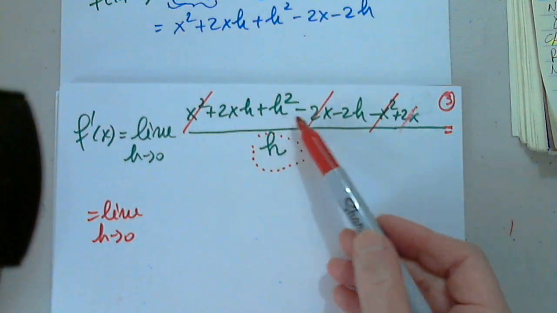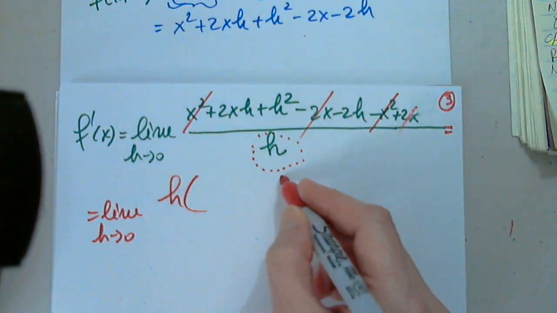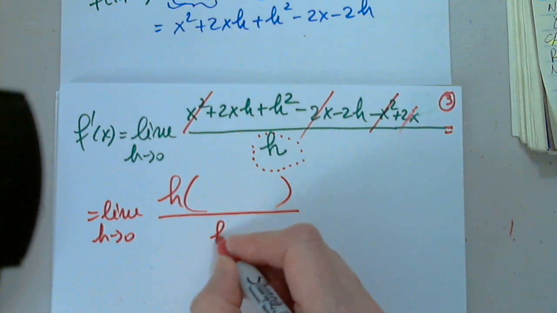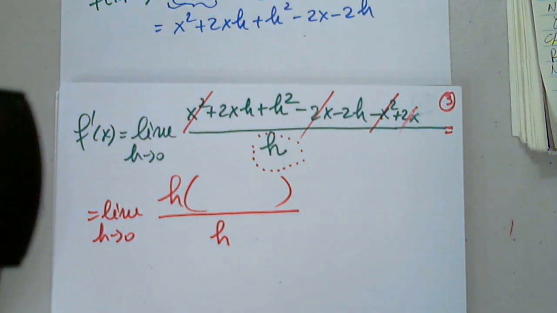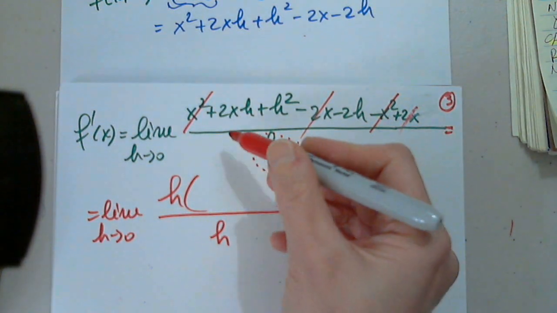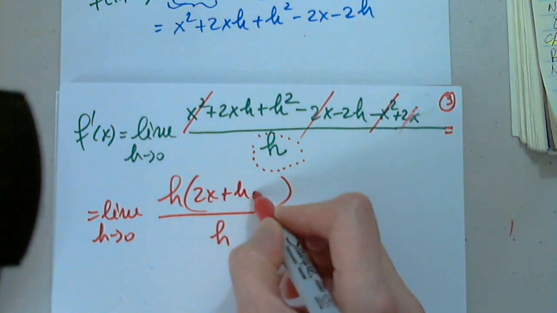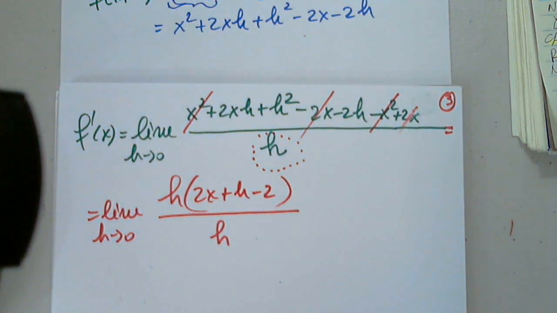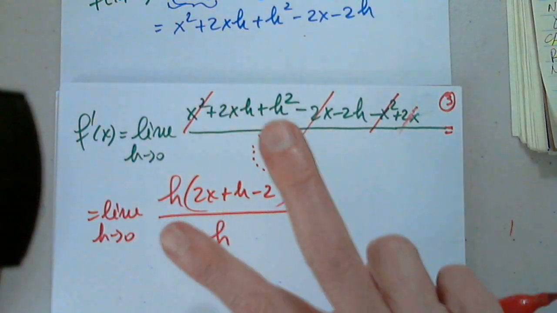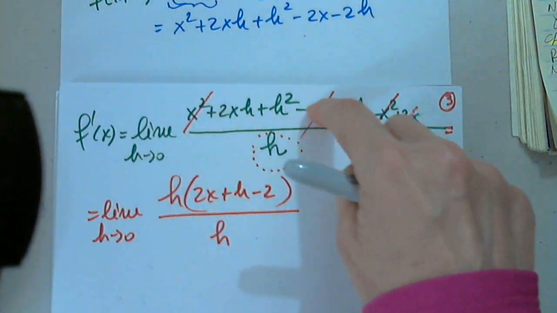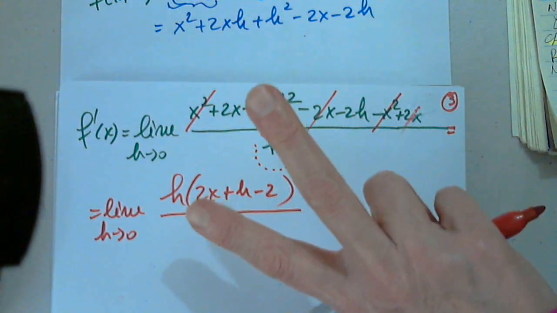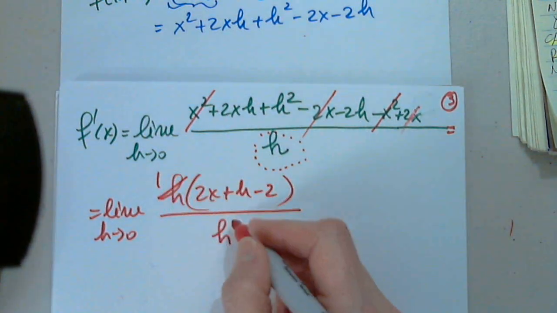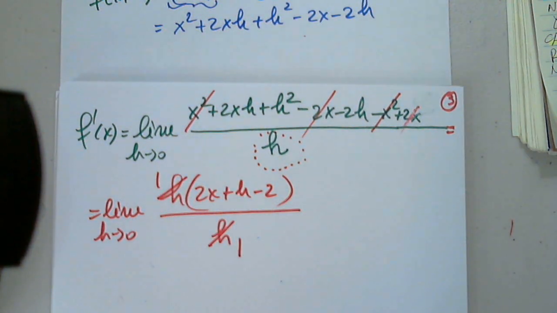Can anyone tell us when we factor out an h at the top, how many terms and what we get at the top in parentheses? It would be 2x plus h minus 2. Excellent. Thank you. Who was that? Was Sloan? Yes, thank you. At this point, this is the second step. Remember, all terms without h must go away, and this is the second step. This h must cancel out.